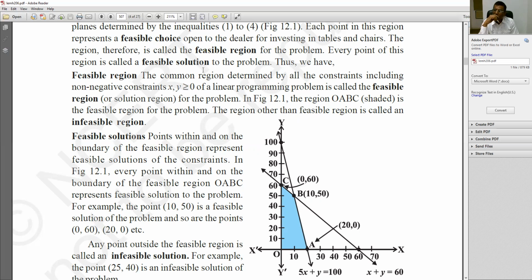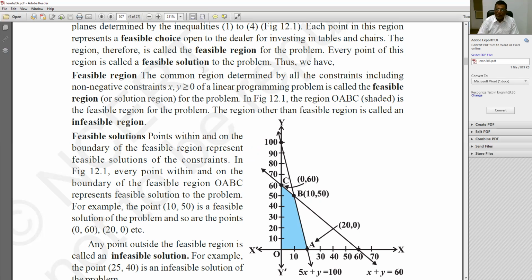And the result you are getting, that is not of use in the solution of any numerical problem of linear programming. So that is not the feasible solution, because the region you have decided is not satisfying your criteria.